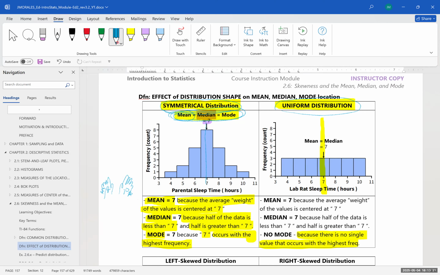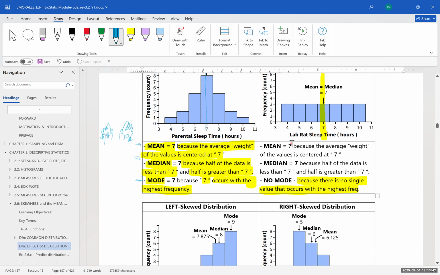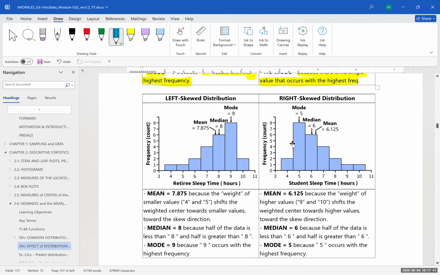Now, I took some time to define each of these because things are going to change when we have a skewed distribution. That's what I'm showing here. So first, let's look at a left skewed distribution. I think it might be helpful to look at the mode first.